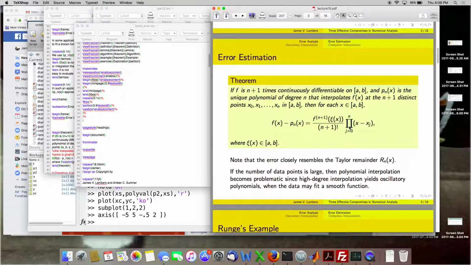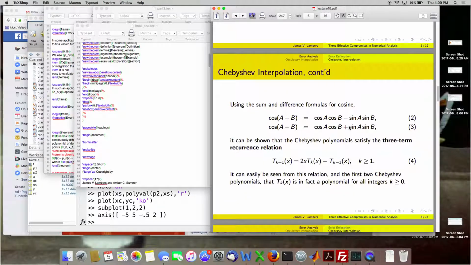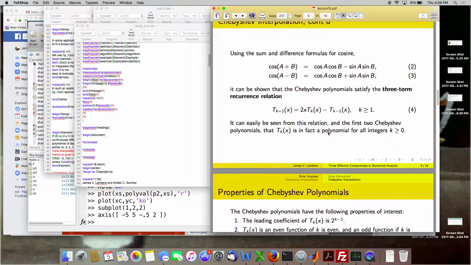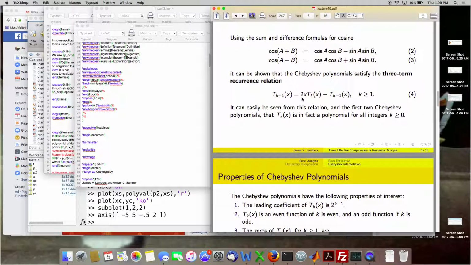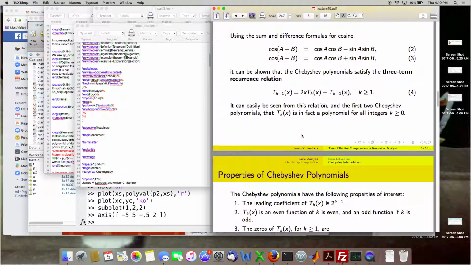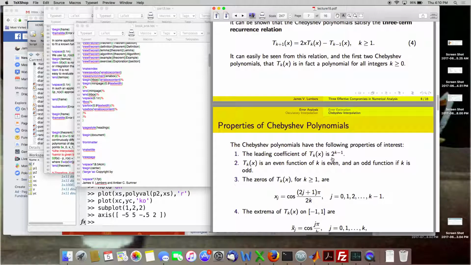But the Chebyshev polynomials are not monic. And the reason why is we have this 2 here. As we generate more Chebyshev polynomials using this recurrence relation, we keep multiplying by 2, and that's why the leading coefficient is 2 to the k minus 1.